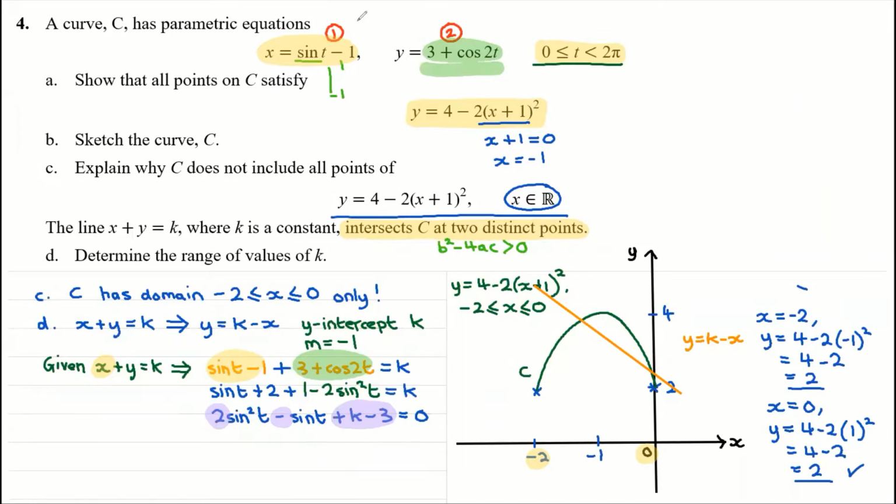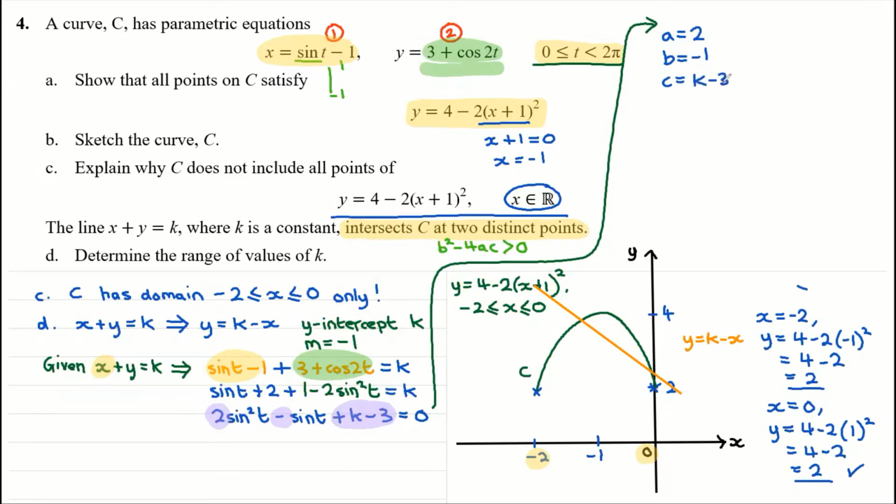So this is going to go all the way up here. Continued. So let's write down what our A, B, and C are. So A is going to be 2. B is going to be -1. And C is going to equal k subtract 3.